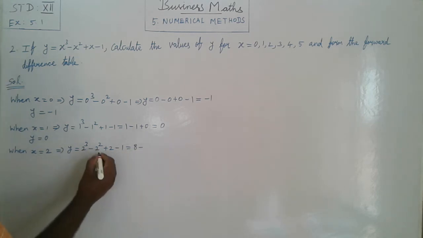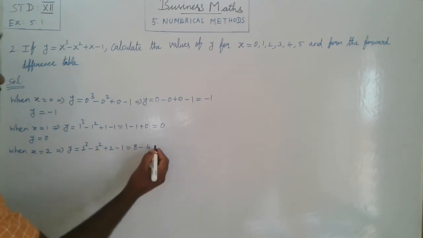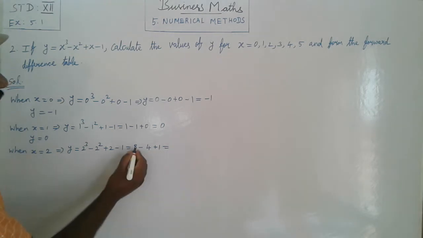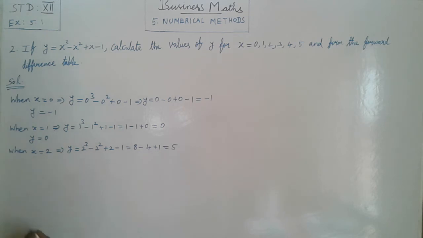Minus 2 square is 2 into 2, 4. 2 minus 1 is plus 1, equal to 8 minus 4 is 4. 4 plus 1 is 5. So when x equal to 2, y equal to 5.